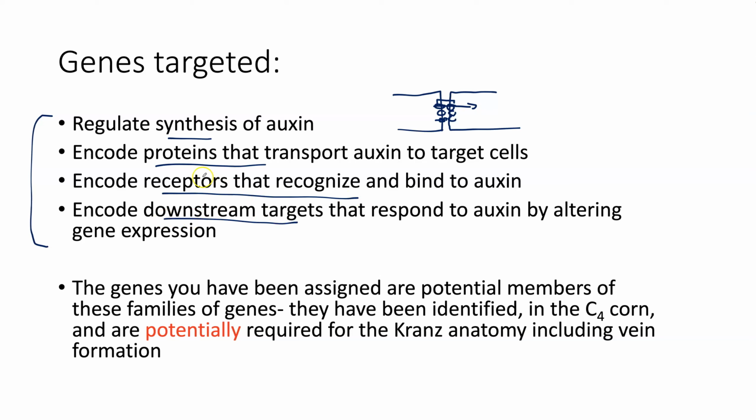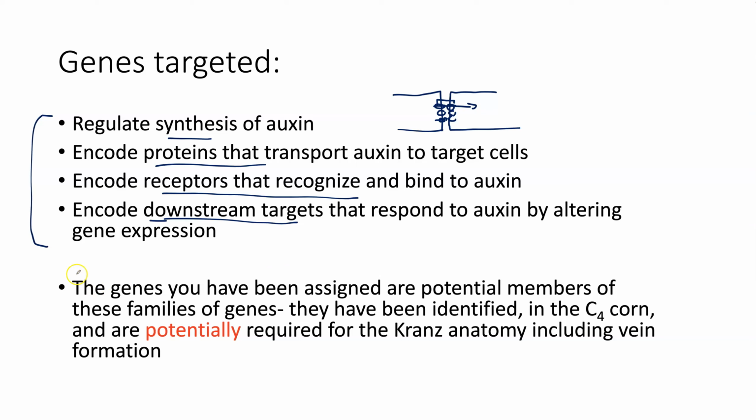So the receptor will recognize and bind auxin, and then there will be signals to initiate transcription factors that then, in the cell that's received the signal, now it's going to form a root, or now it's going to start forming a flower instead of a leaf, or something like that. And so these are transcription factors that change the gene expression in the cells that are responding to auxin.